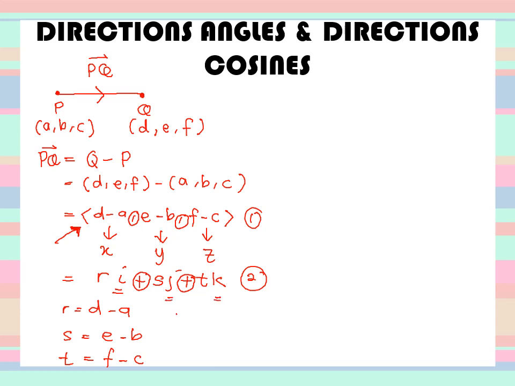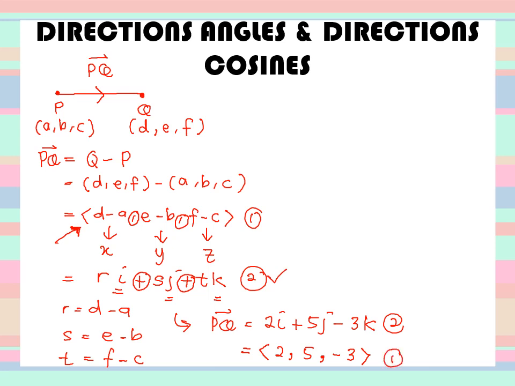To simplify this, for example, PQ is equal to 2i plus 5j minus 3k. This can be written in component form as 2, 5, separated with commas, and then minus 3. This is by using the second method, and this is by using the first method of writing a vector.